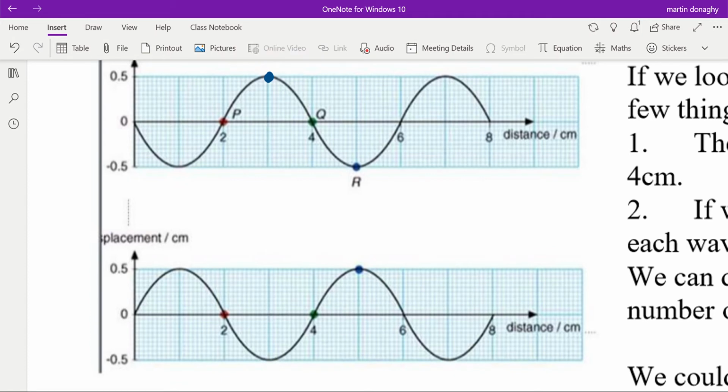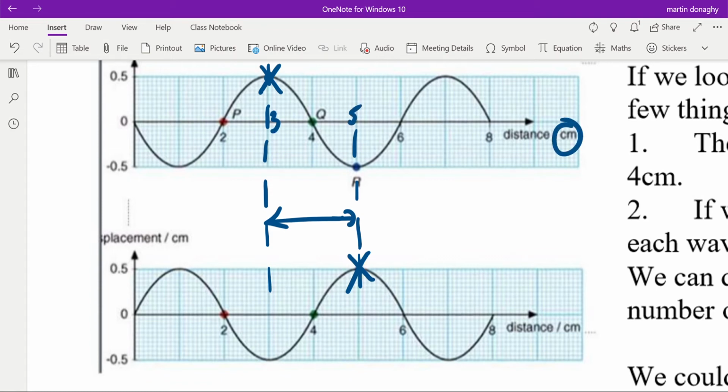So if I find that crest on the first wave, here's that crest on the second wave. And if we look at how much out of phase they are, it's from 3 to 5, in centimeters. So I would say they are out of phase by 2 centimeters.